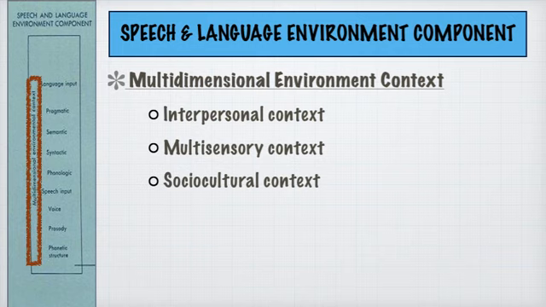Next is the multisensory context. Ganina, it was talking about the context nga mag-converse ang mga people. This time, this is your sensory exploration. Okay? So it may provide perceptual or cognitive basis for language, and it is the stimulus given to you to instigate speech and language.